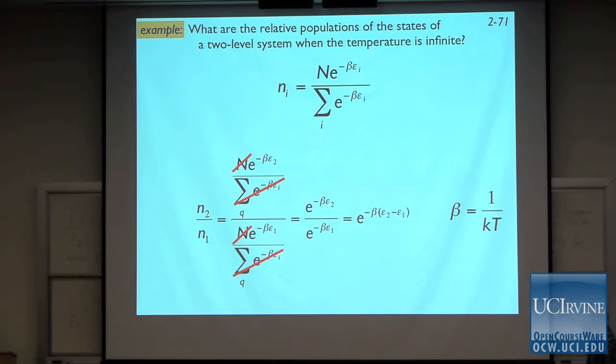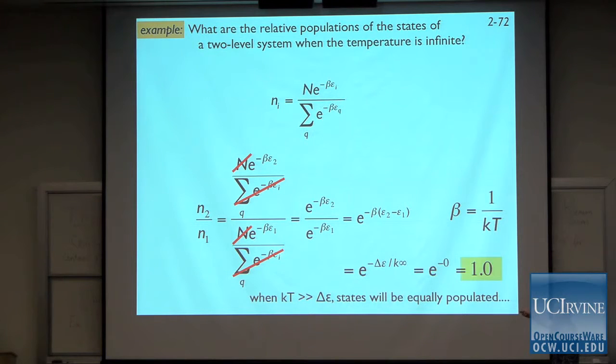Everything else cancels. So I've got this exponential for energy 2 corresponding to N2, and this exponential for energy 1 corresponding to state 1. And so I can simplify that. Here's what the resulting exponential looks like. And remember, beta is 1 over kT, where k is Boltzmann's constant.